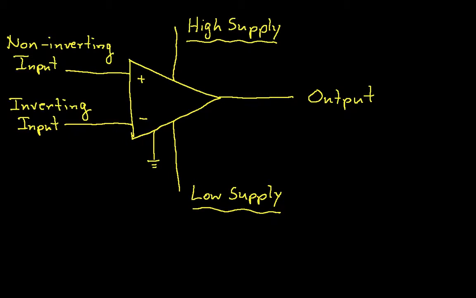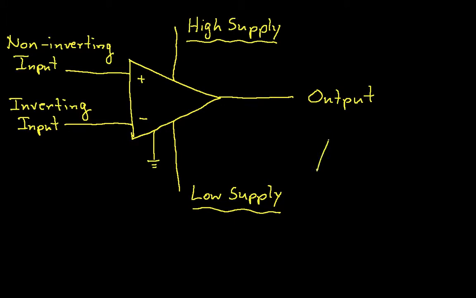Again, you have to connect them up to make a real op-amp work, but we're not going to worry about them much. We have two inputs. We have a non-inverting input and an inverting input. These two inputs are typically connected to other bits of circuitry. And the op-amp takes the difference between the non-inverting input and the inverting input, multiplies it by a gain.